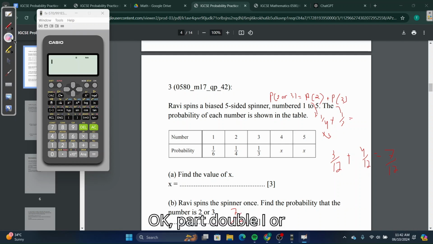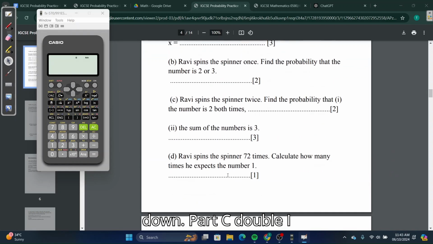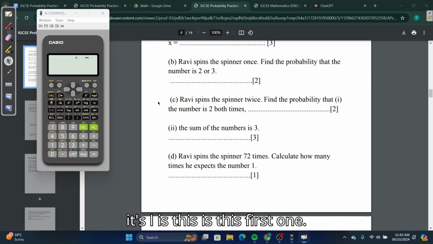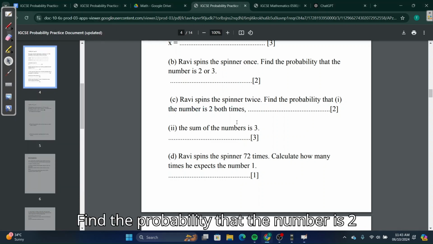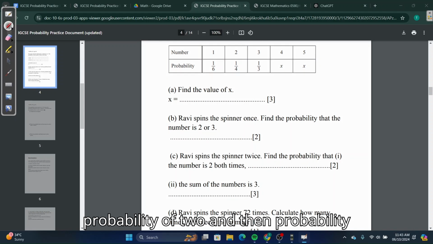Okay, part C, sorry. Part C, double I. Oh, I is this first one. Find the probability that the number is 2 both times. So it's going to be the probability of 2 and then the probability of 2 again.